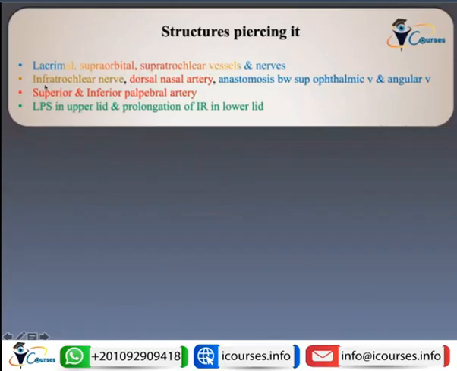Also, we have a specific nerve, specific artery, specific vein. These are the infratrochlear nerve, the dorsal nasal artery, and the anastomosis between the superior ophthalmic vein and the angular vein. Then we have two arteries and two muscles. The two arteries are the superior and inferior palpebral arteries, and the muscles are levator palpebrae superioris in the upper eyelid and the prolongation of inferior rectus into the lower eyelid.